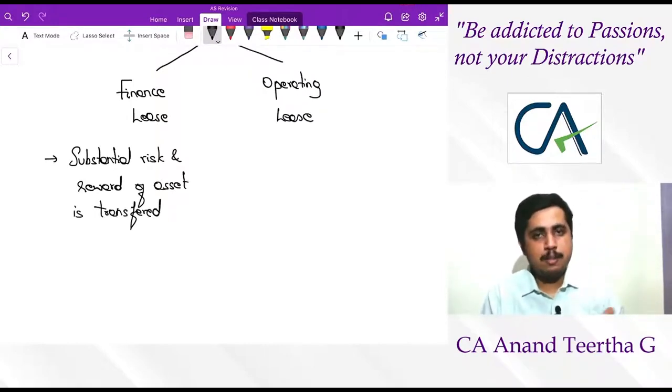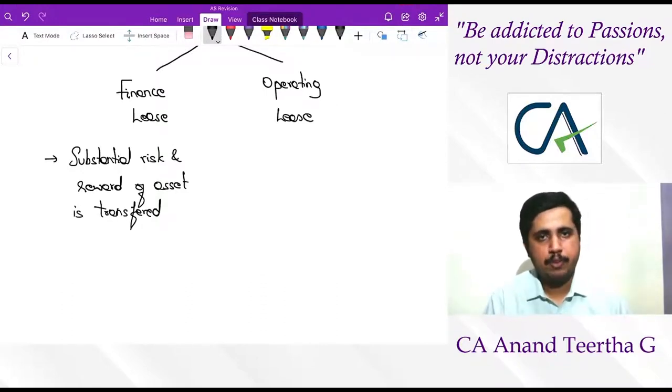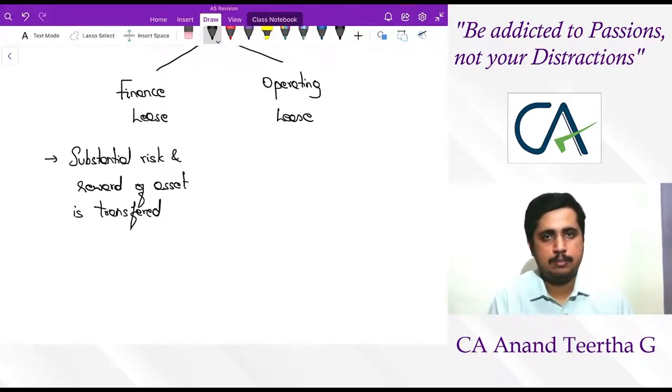Lessor is giving the substantial risk and reward related to that asset to lessee. What does that basically mean? The lessee is the person who is going to get the major benefit of the asset, because lessor is going to shift the substantial risk and reward of the asset to lessee.